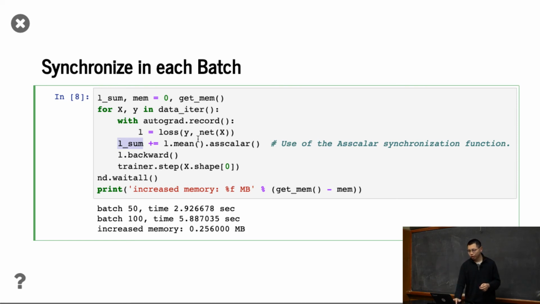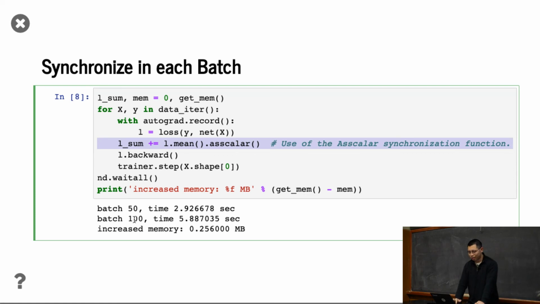At least until here, we need to wait for the forward pass to be done, and then we do the backward pass. We can also move this one line below, that's fine. So at every batch, we do a synchronization here to break all this asynchronous execution. Usually that's good enough because each batch has enough workload. We don't need to pay too much attention to that across multiple batches.